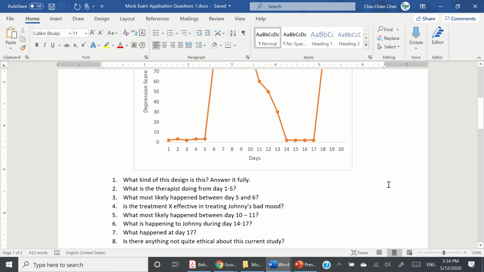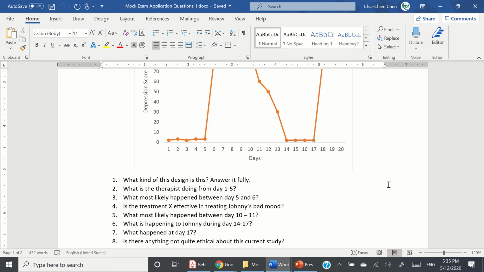This is a single-N design. Number two, what is the therapist doing from day 1 to 5? The therapist is trying to establish a stable baseline before introduction of the treatment.